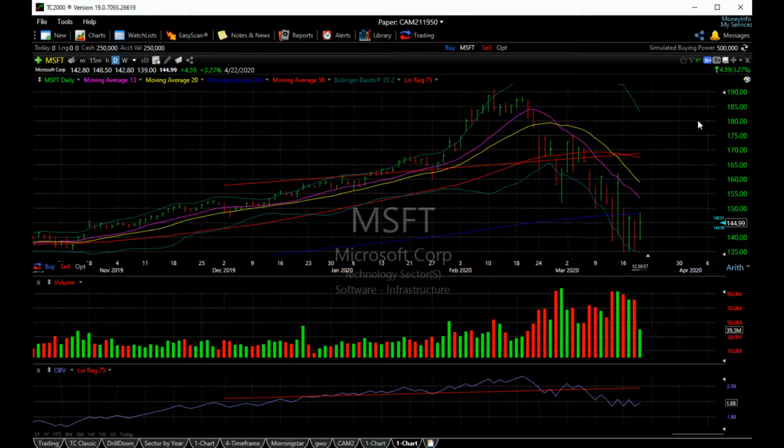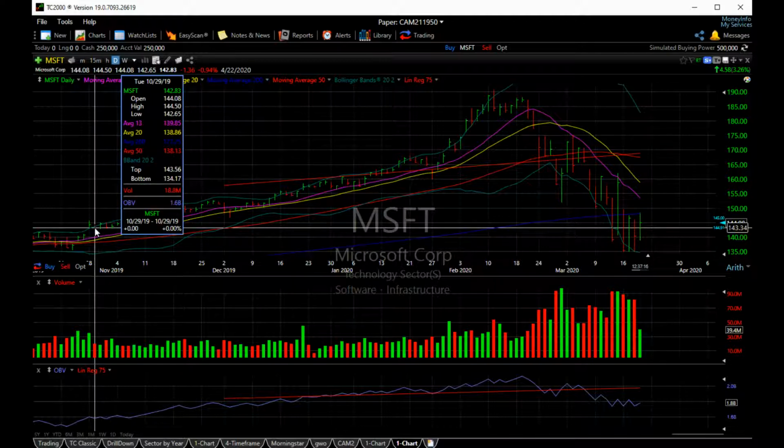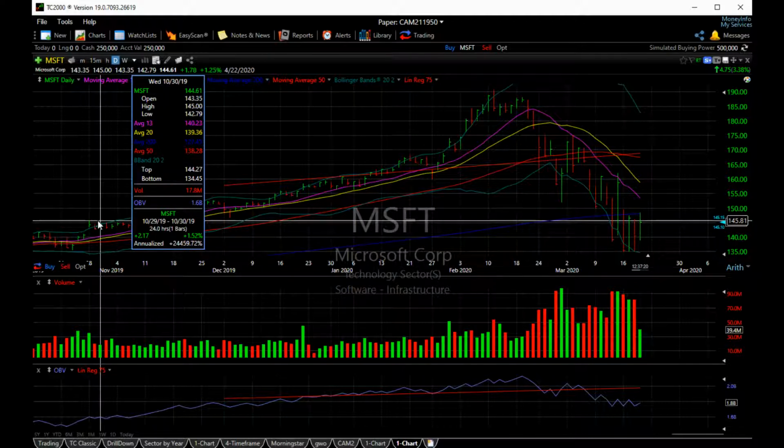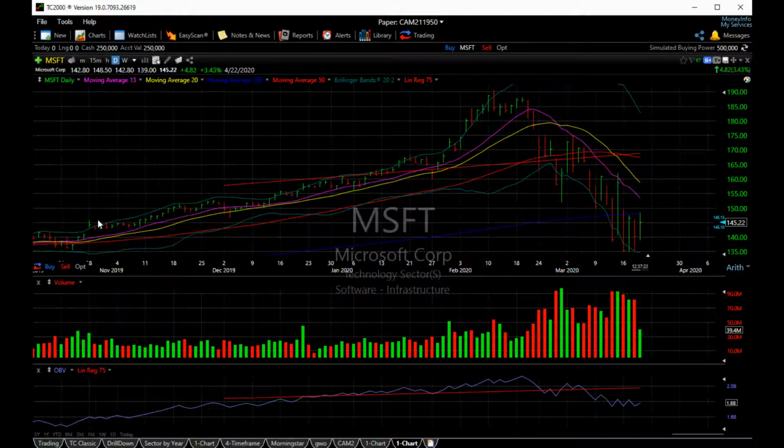So here we have the Microsoft chart, and frankly, this is the daily, and it's pretty easy to see where support tends to be, usually above recent breakouts. So we have this period here in November where we were really bounded by about 142 to 145.